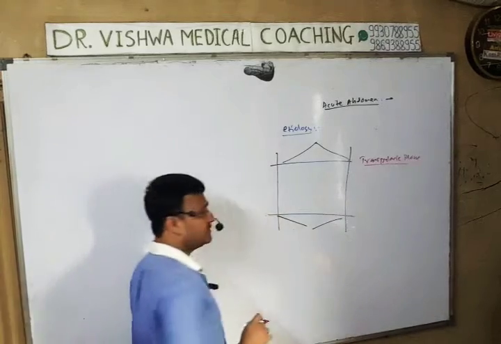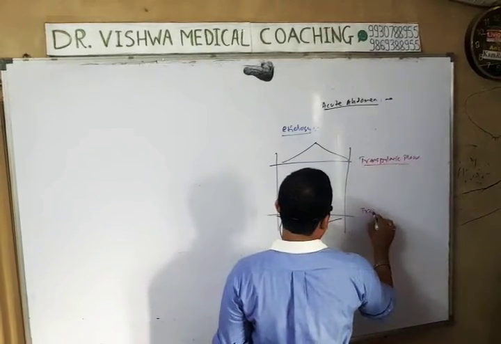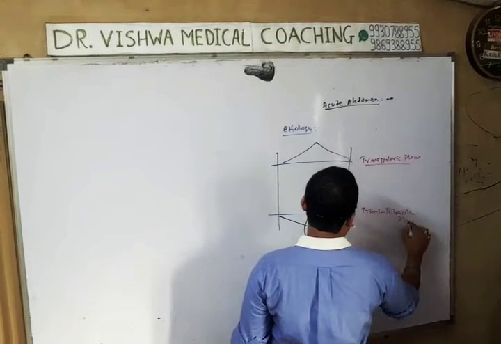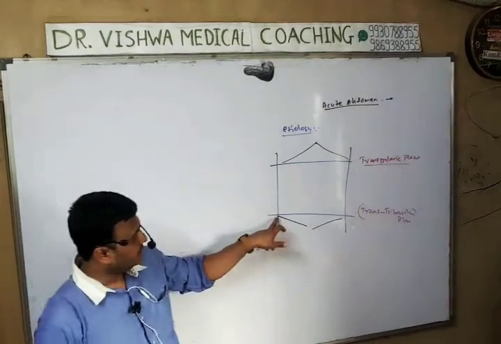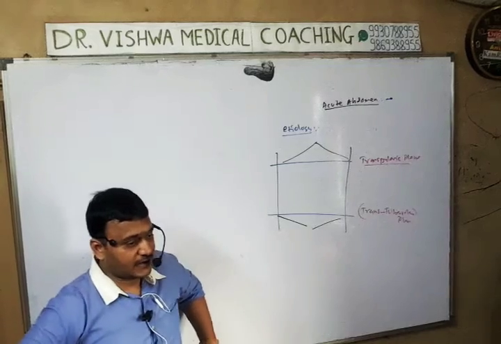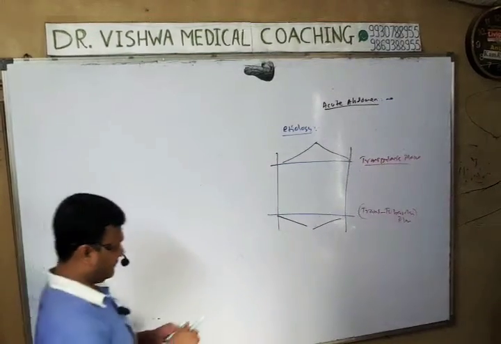And this is called the transtubercular plane. Usually it passes through the L3 vertebra, or I can say the upper edge of the iliac crest.